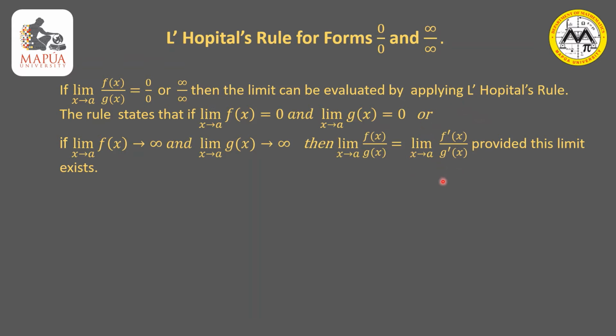And if there is a limit to this particular ratio, then that will also be the limit of f of x divided by g of x as x approaches a.